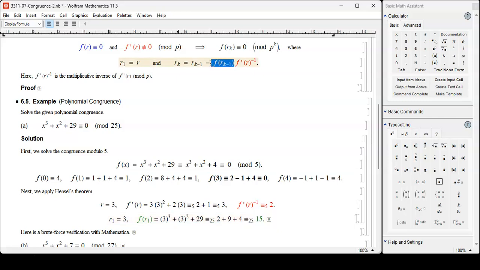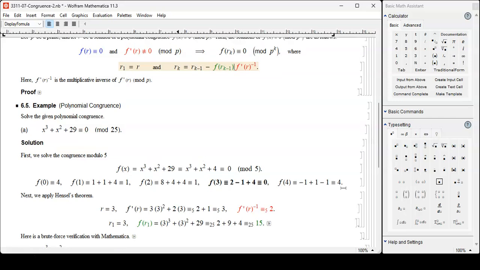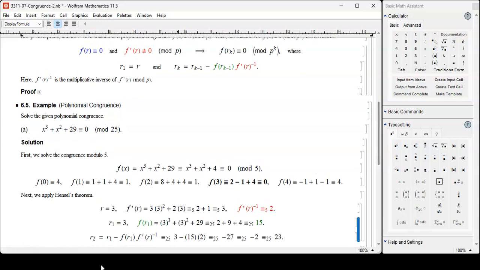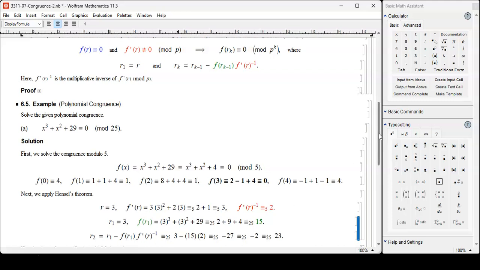And that's going to go right here. Therefore, r2 is recursively r1 minus f of r1 times the inverse of the derivative, and then put it into this.